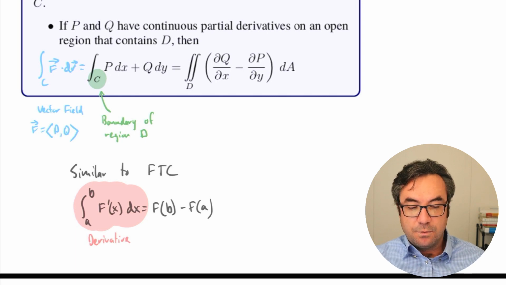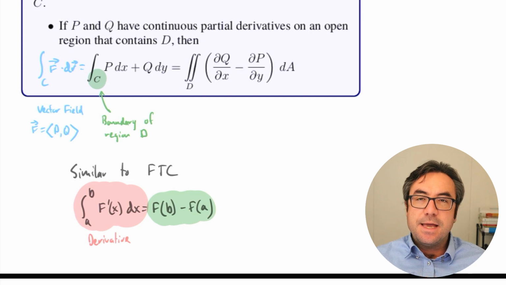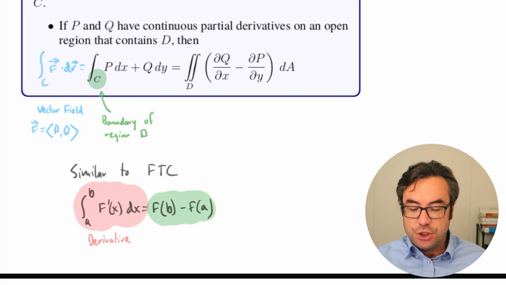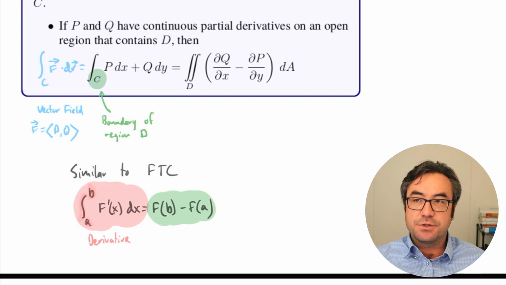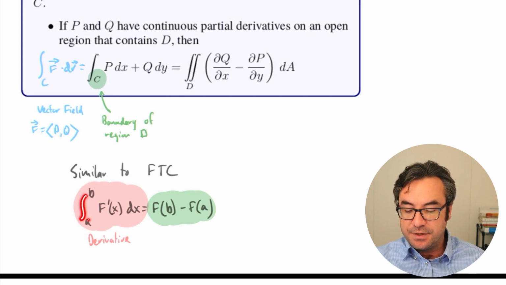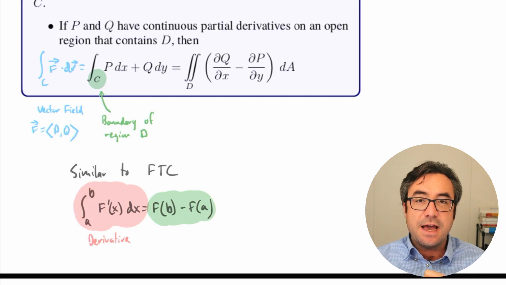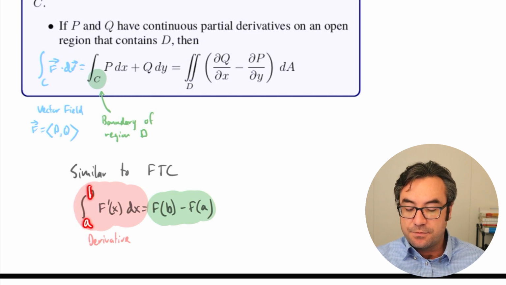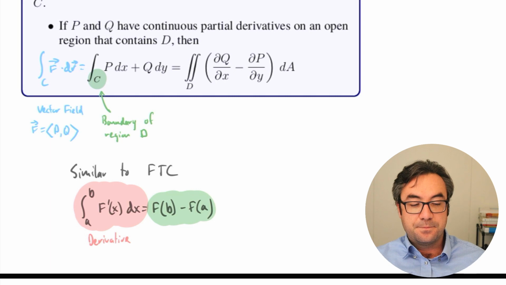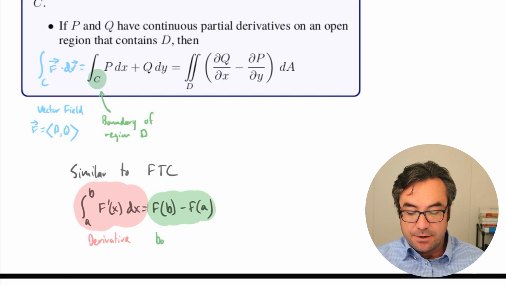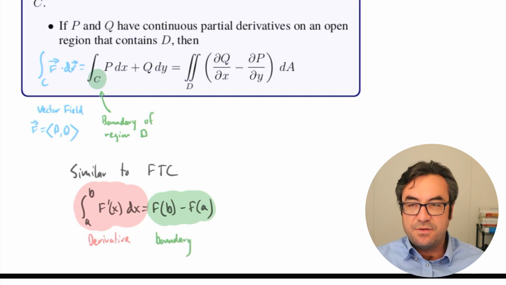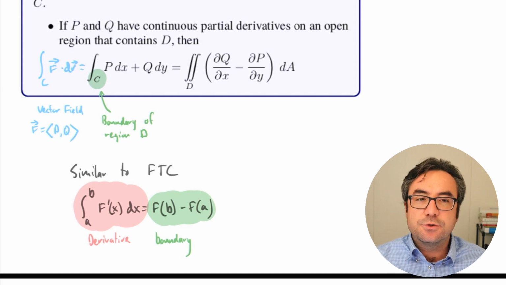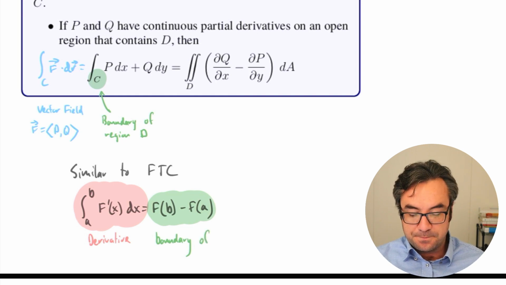And what it's equal to involves just the boundary of the thing that we're integrating over. In this case, we're integrating over this segment of the x-axis, the closed interval from a to b. So we're looking at the value on the boundary of our interval.